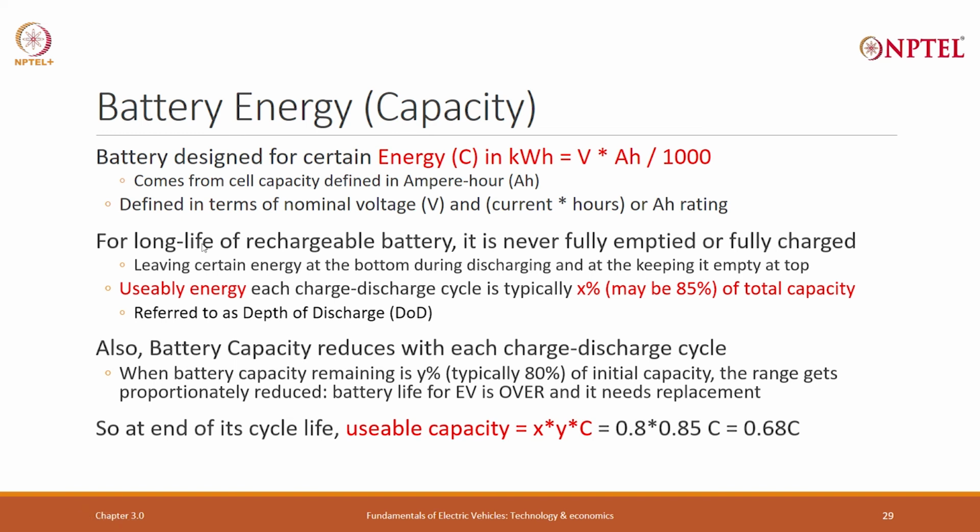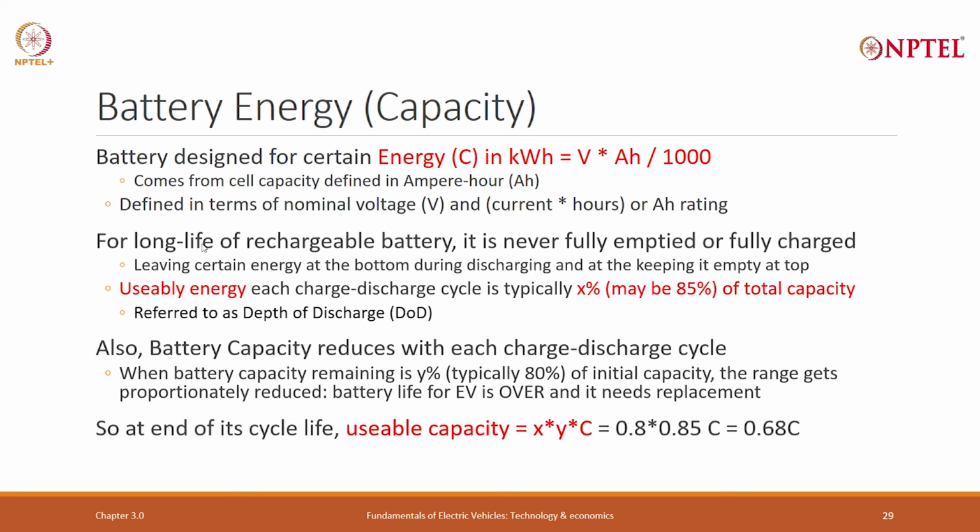Also, battery capacity reduces as you use it. Remember, it has a certain life. You start with, let us say, 100. After some time, capacity is reduced to 95, then to 90, 85, 80. Now, it will limit your range. You may want to then change the battery.